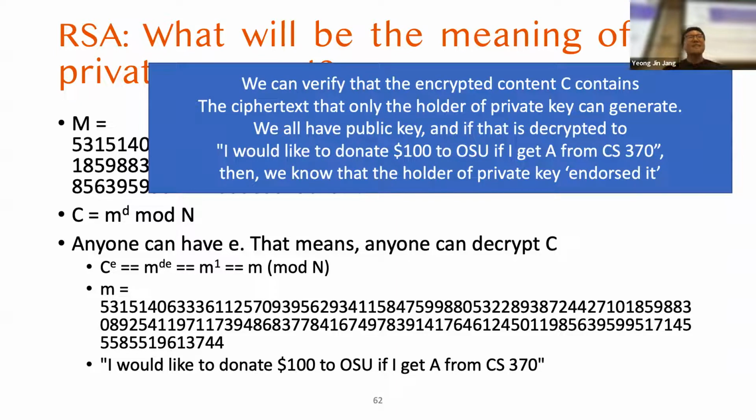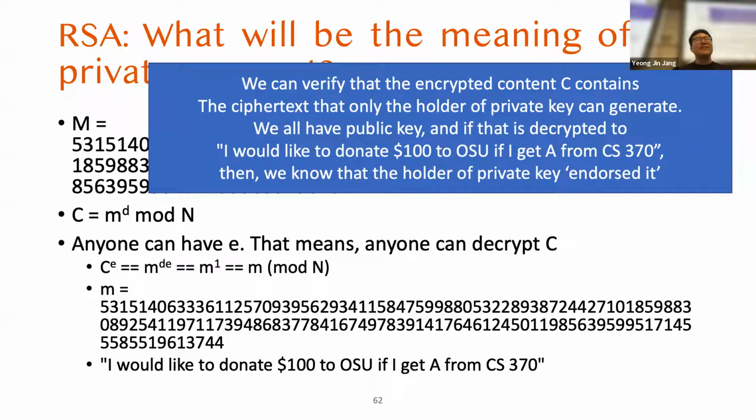So if you want to sign a document, what you can do is get a SHA-256 of the document, and then encrypt that SHA-256 hash with your private key. Later, if someone wants to verify whether the document is correctly signed, we will have the hash message and the document, and we will decrypt the hash with the public key.